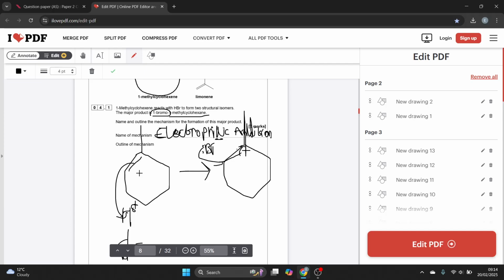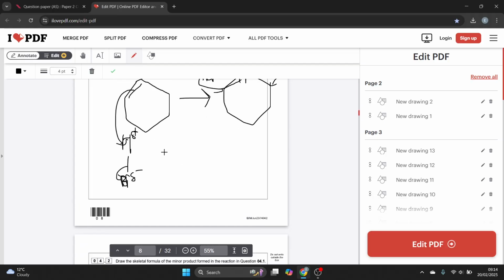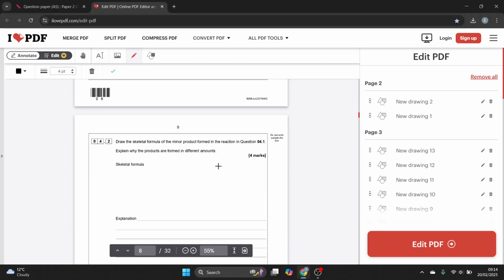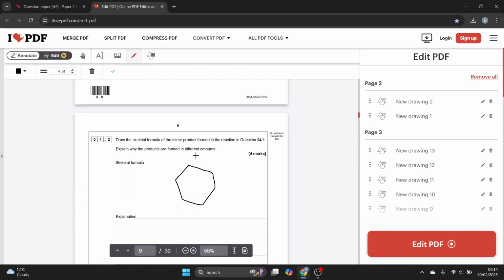You can't really have the carbocation here because that's not where the double bond was, so it can only be here or here. So if the carbocation is here, Br minus with a lone pair of electrons will bond there, so you'll have this. You still have the methyl group there, but you have your bromo group here instead.